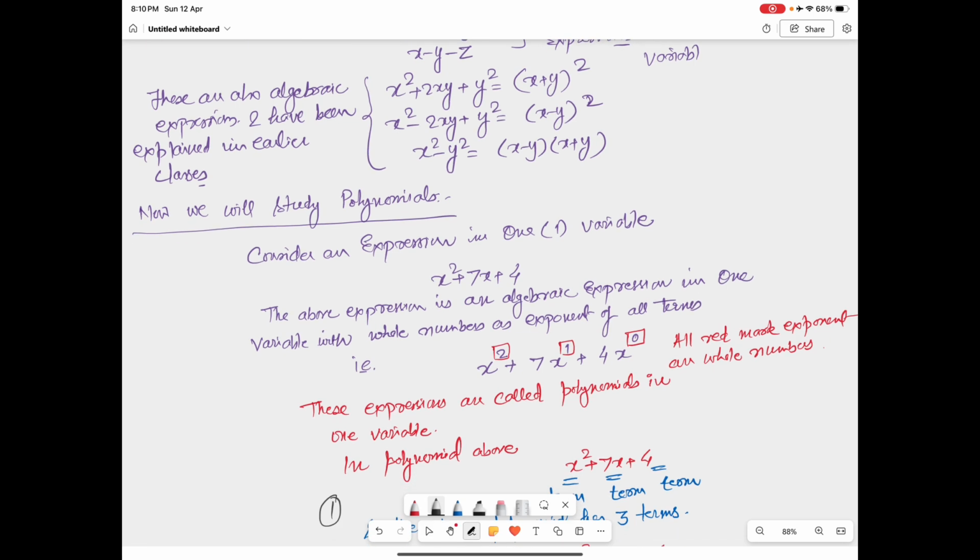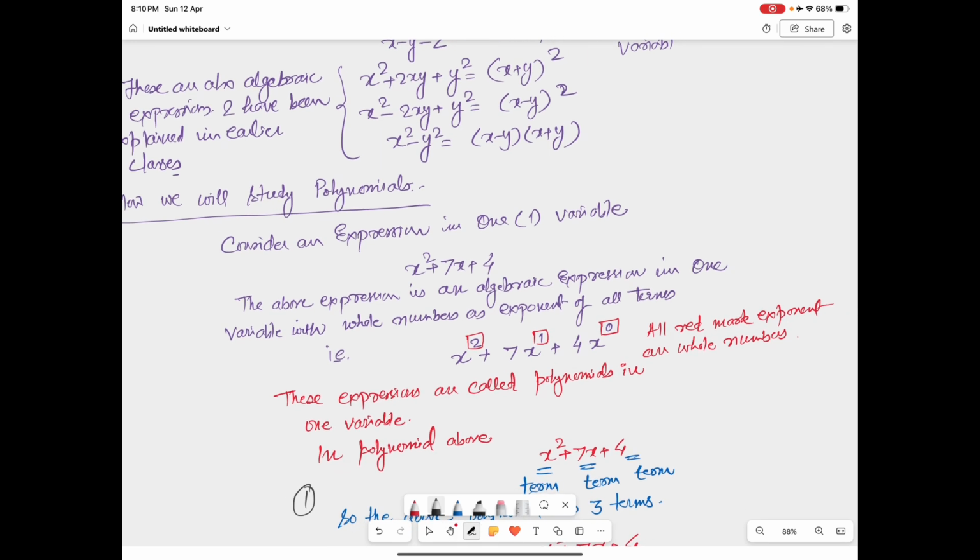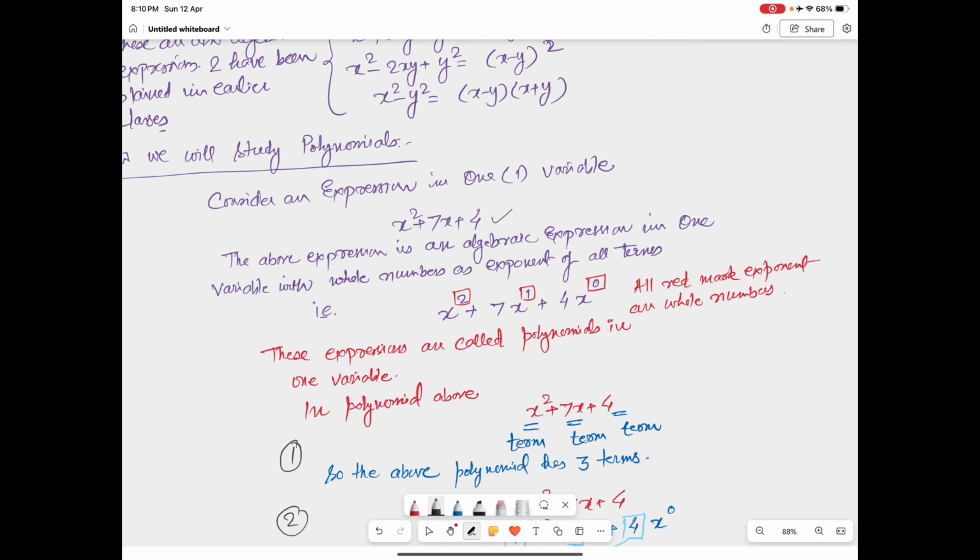What is a polynomial? Now we consider an expression which is given only in one variable. There is no y and z in this. You can see that I have written an expression x square plus 7x plus 4. We call it an algebraic expression, and we can write it as x to the power 2 plus 7x to the power 1 plus 4x to the power 0.